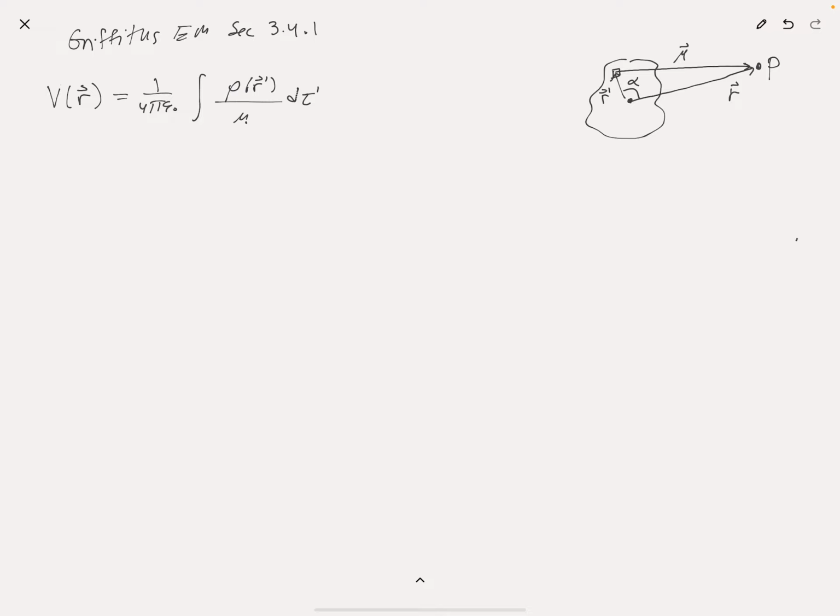Okay, so just like last time where we focused on this script R vector, let's go ahead and define what that is again. Script R squared, using the law of cosines, is going to be R squared plus R prime squared, minus 2 R R prime cosine of the angle between them, which is defined as alpha here.